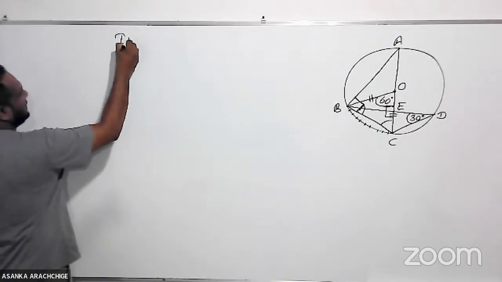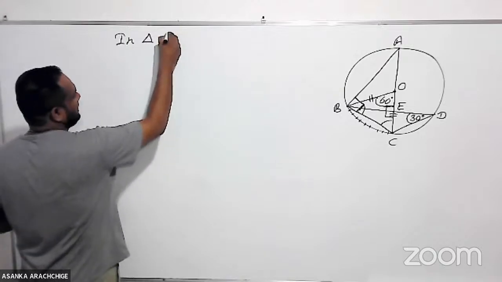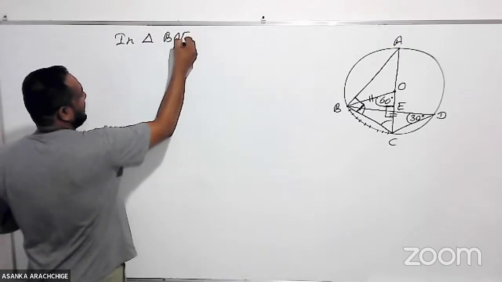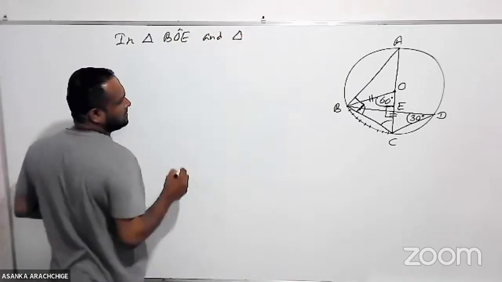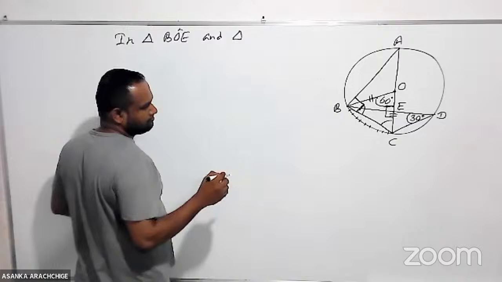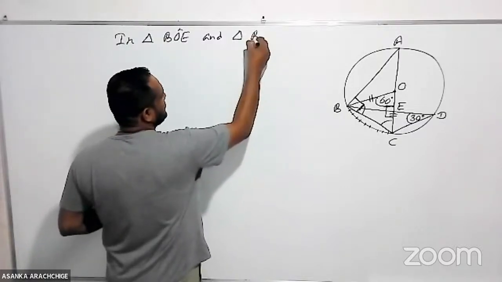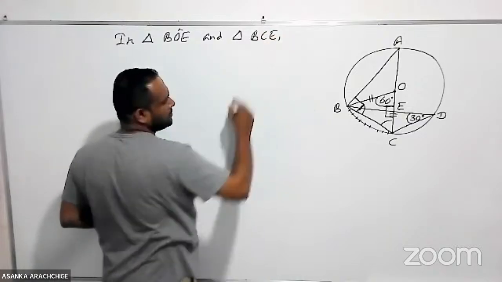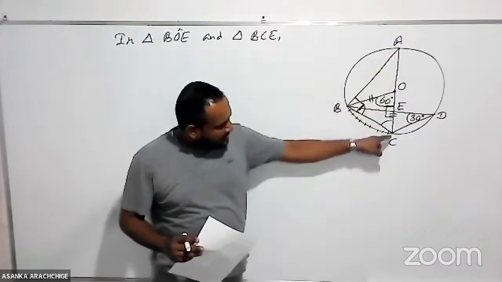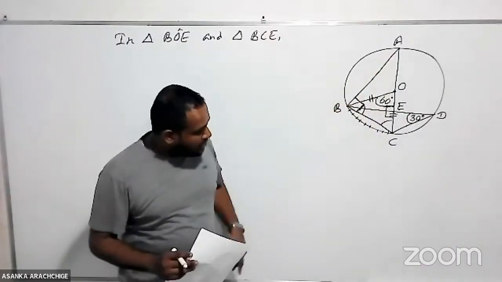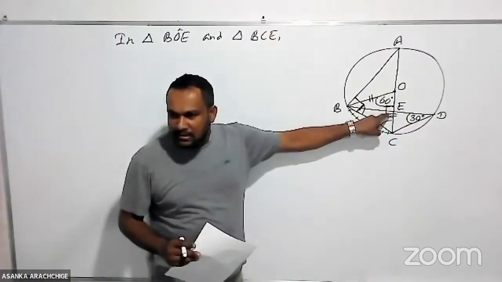In triangle BOE and triangle BCE, look, since BD and AC are perpendicular to each other, you can say these two angles are right angles.